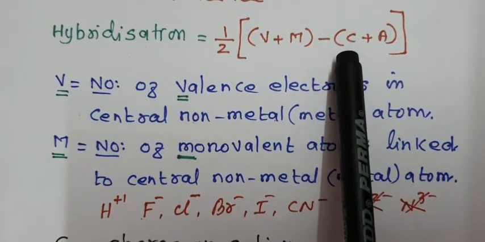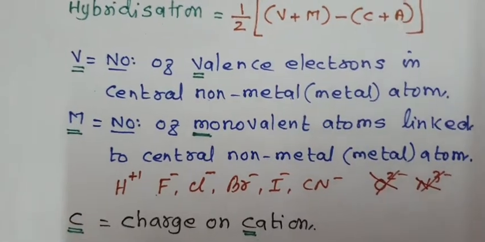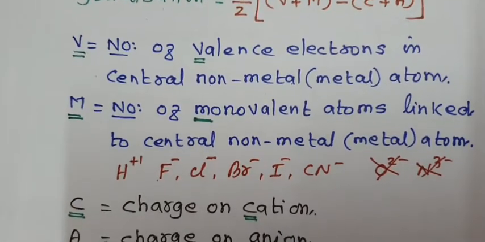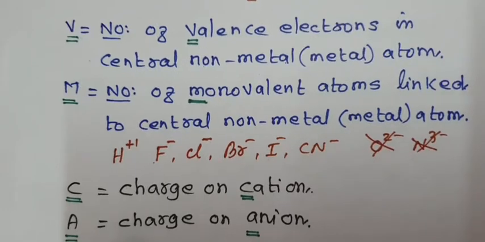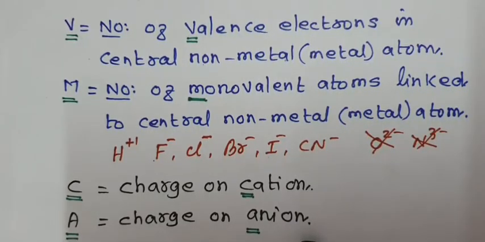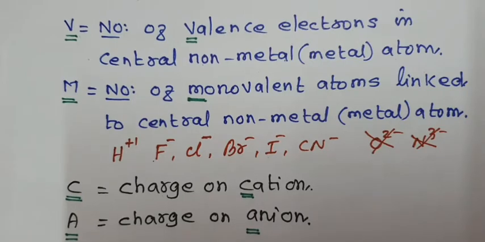M indicates only the number of monovalent atoms. What is C in our formula? Charge on cation. What is A in our formula? Charge on anion. Correct?